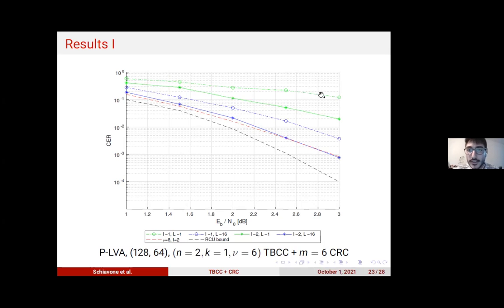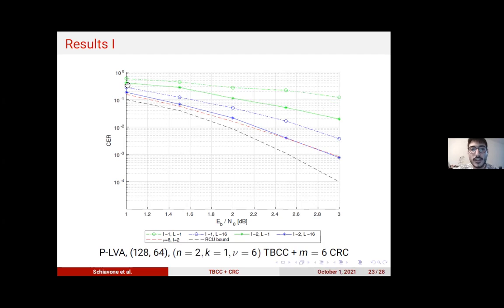As you can see, these dotted dashed lines represent simulations when we are using a parallel list Viterbi algorithm with a certain list. The green one has list 1, while the blue one has list 16. And you see, increasing the list, of course, our performance is improving. That's something good.